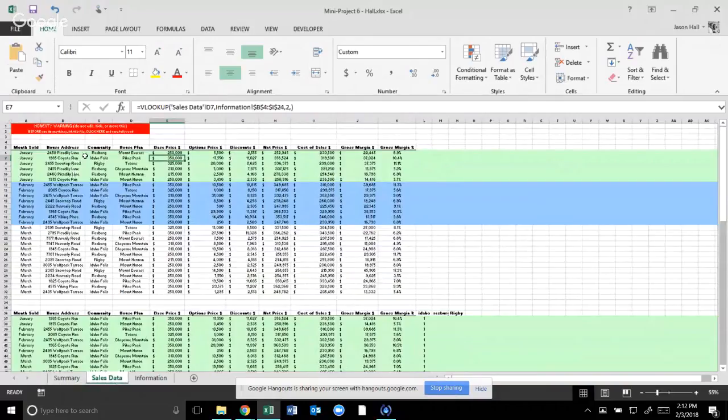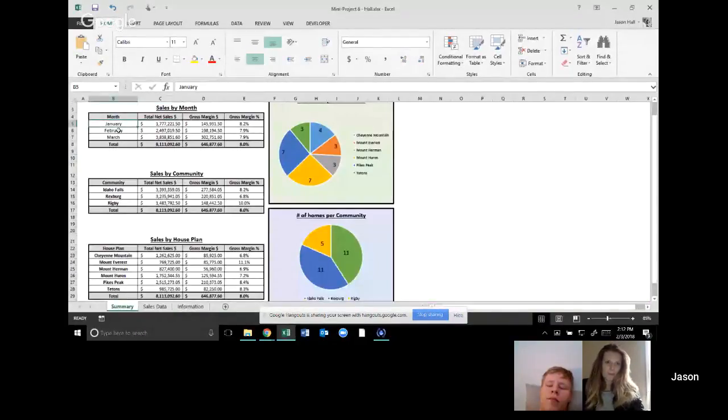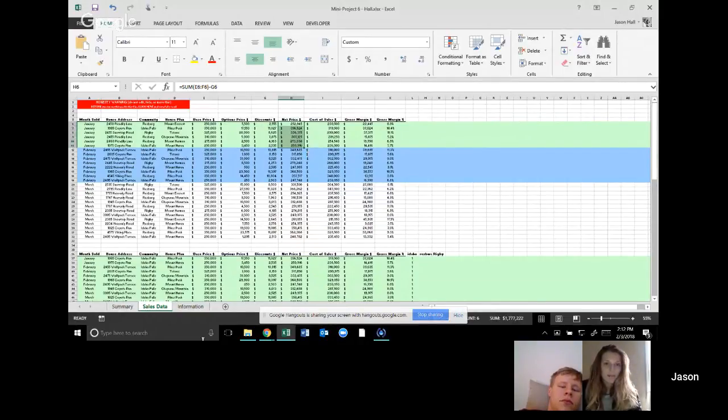Okay. For example, this one's January, February, March, because the first table said January, February, March. Just to make sure I didn't mess them up, I highlighted January in green, February in blue, and I just put equals, then highlight and hit enter. Okay. That's easy.